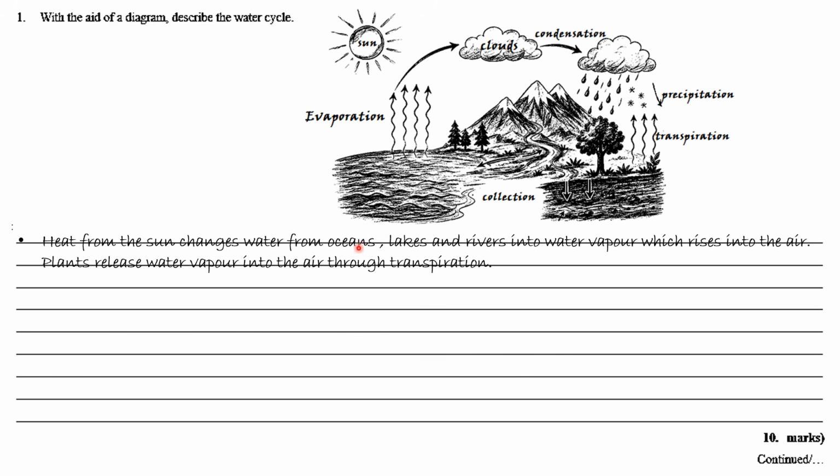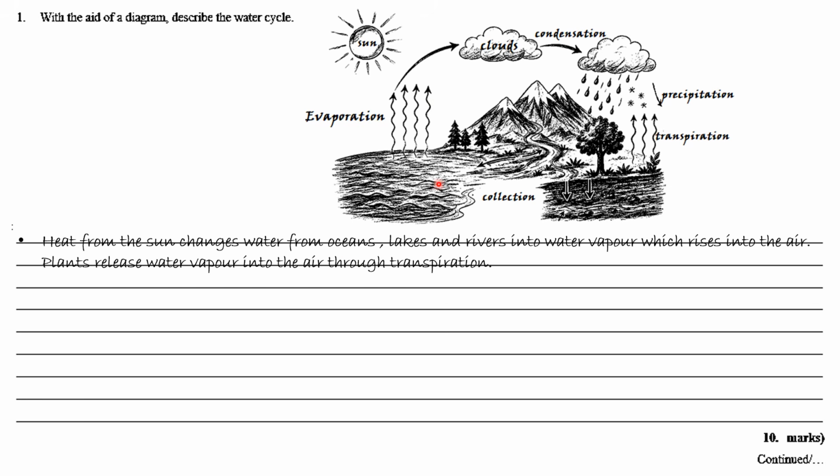So water is lost in the form of water vapor into the air. And plants also lose water vapor into the air by a process called transpiration. This is the loss of water from plants through the stomata. Through the stomata, water goes into the atmosphere, into the air.